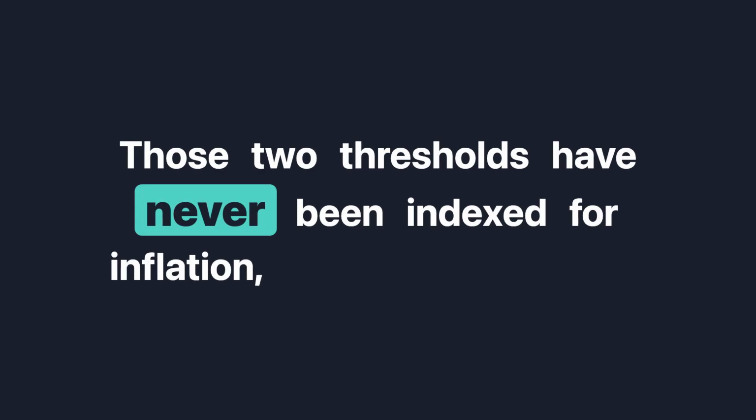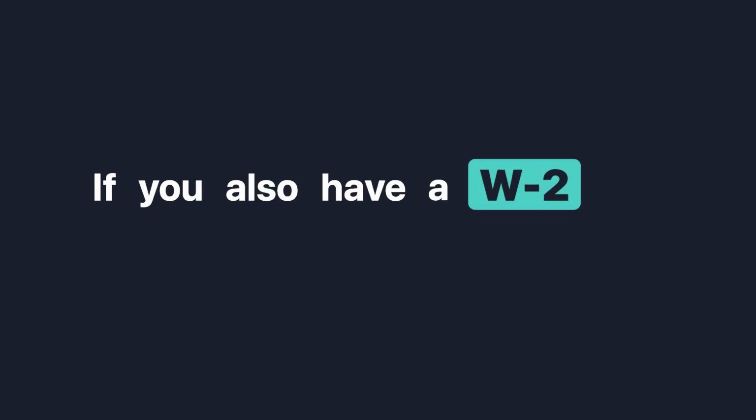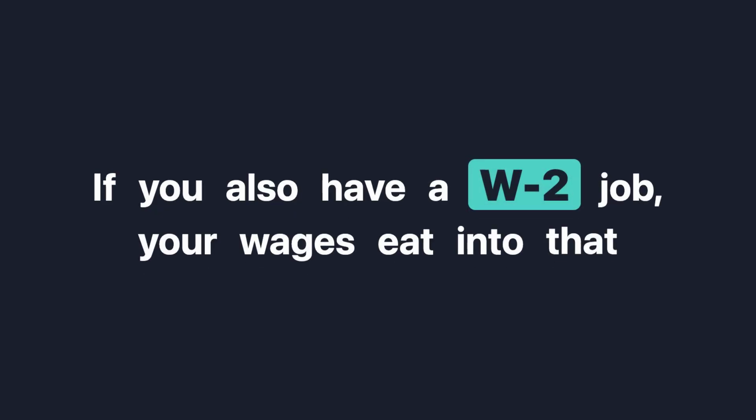Those two thresholds have never been indexed for inflation, which means more people drift into them every year. If you also have a W-2 job, your wages eat into that wage base first. The coordination happens on Schedule SE, and it's a real refund if your payroll already covered it.